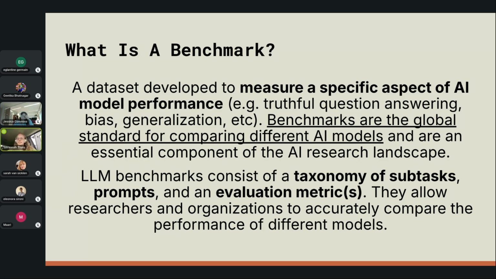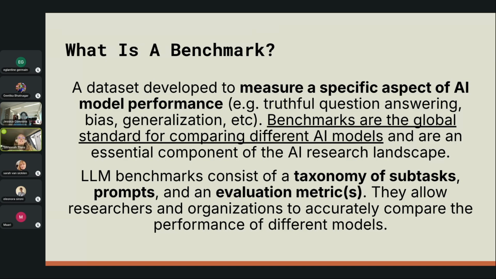But of course, recently, since the launch of ChatGPT a couple years ago, there's been a big focus on benchmarking large language models or LLMs in particular. And LLM benchmarks most often consist of some taxonomy of subtasks, and I'll explain more what that means in a few slides.